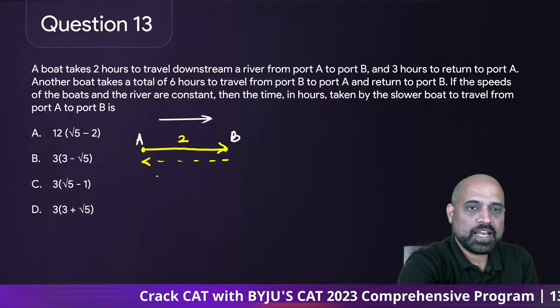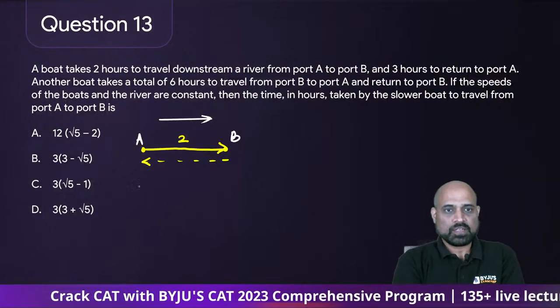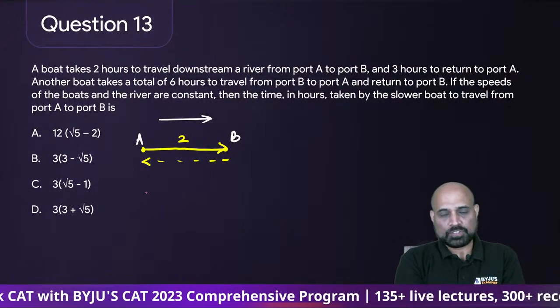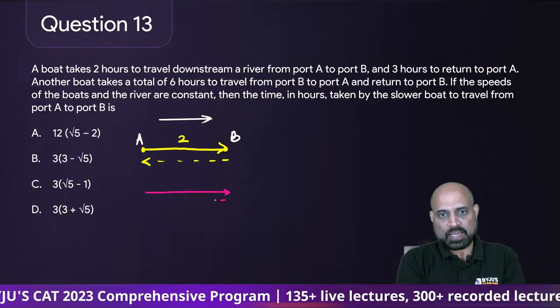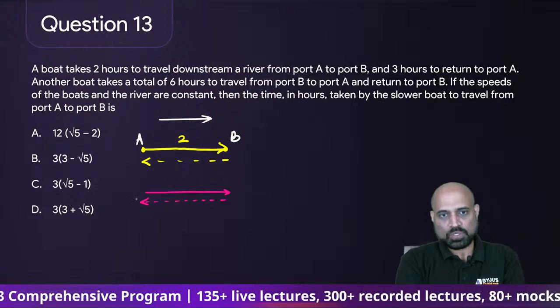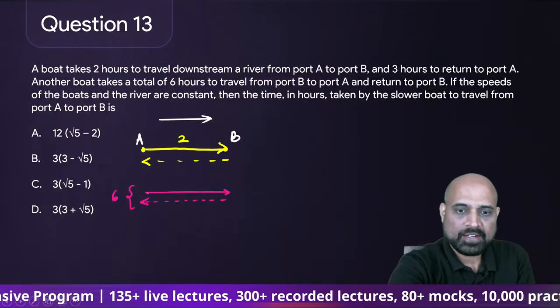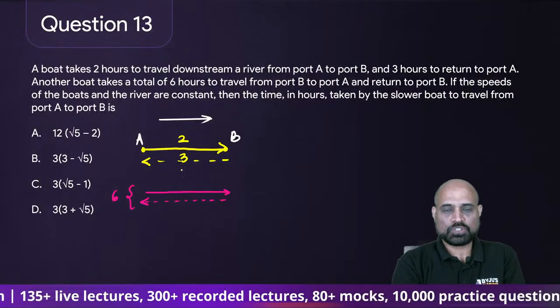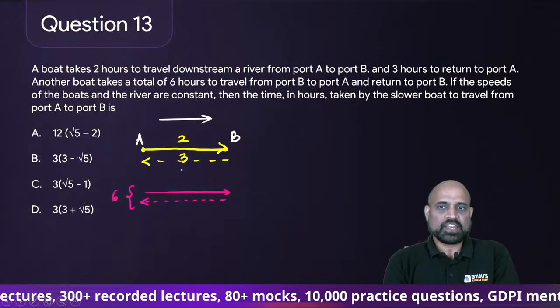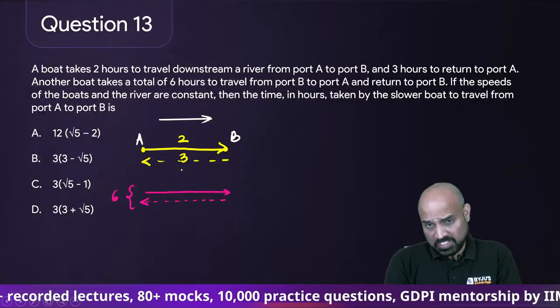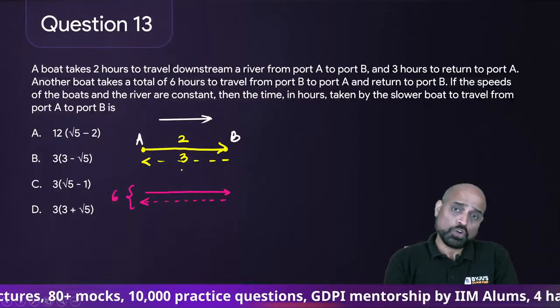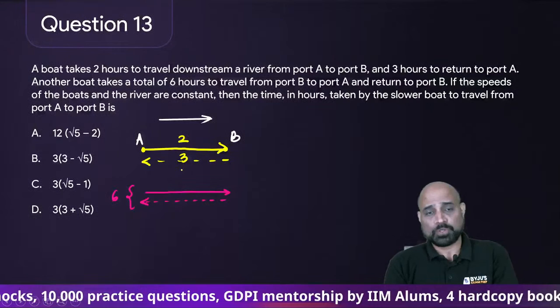Then it is given that another boat takes 6 hours to travel to port B and back. This total is 6, and the boat before had 2 and 3. If the speeds of the boats and the river are constant, then the time in hours taken by the slower boat to travel from port A to port B is.